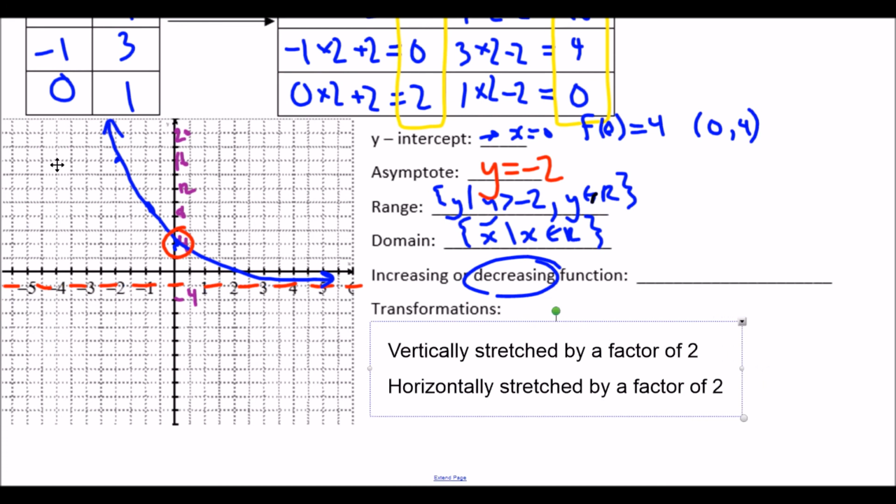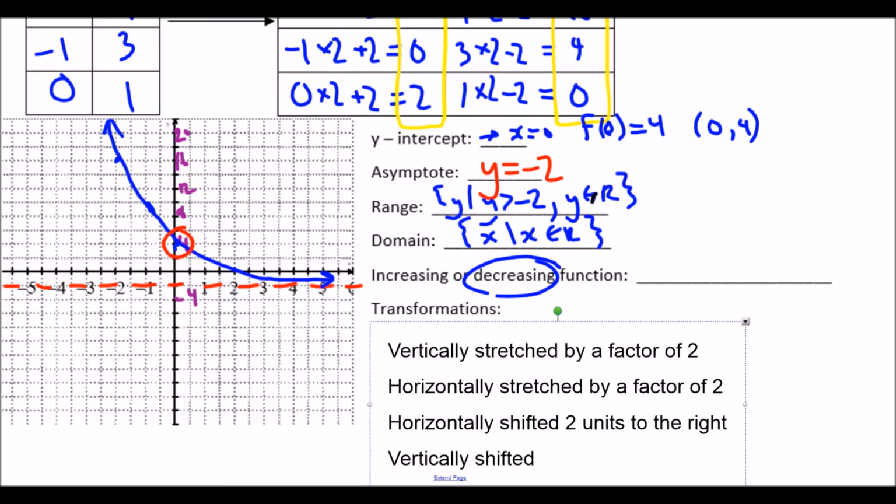That's the reciprocal of 1/2. Also, it has been horizontally shifted 2 units to the right, and then finally vertically shifted down 2 units.